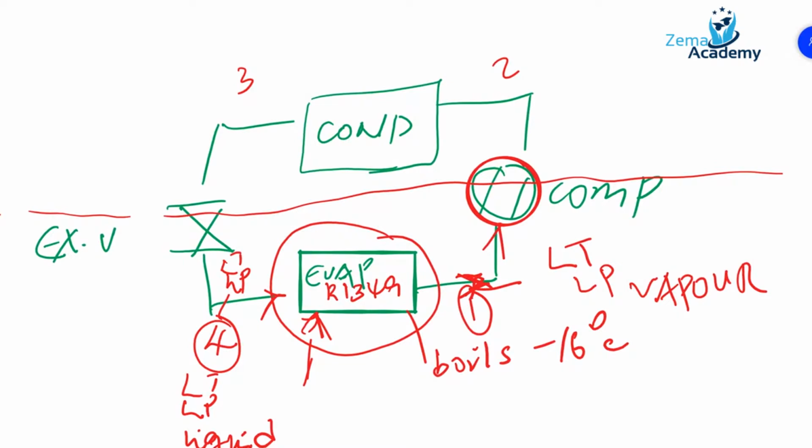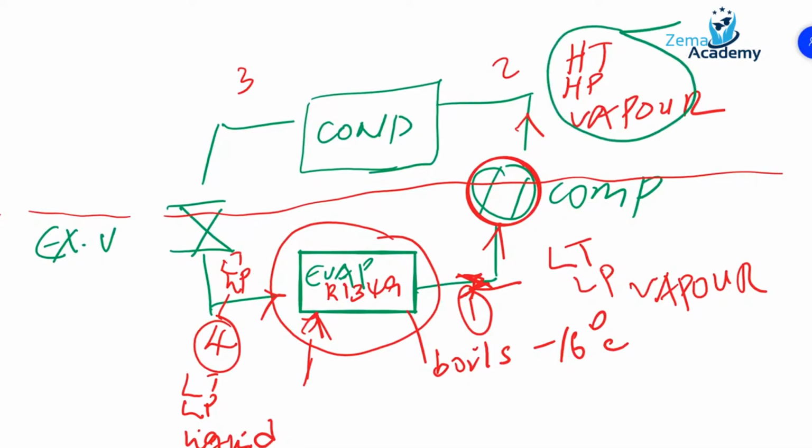The benefit of a vapor or a gas is that by compressing it, reducing its volume, we are able to change its properties. So we use the compressor to reduce the volume of that low temperature and low pressure vapor, and therefore it comes out as high temperature and high pressure vapor. And that is what we use for our application.